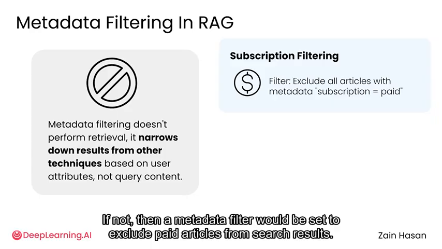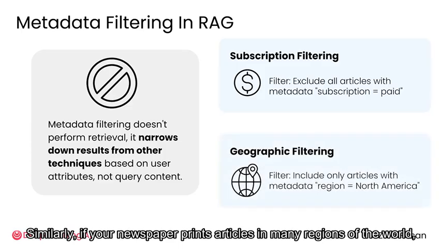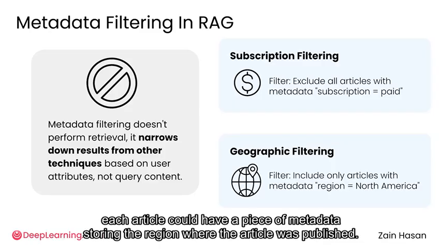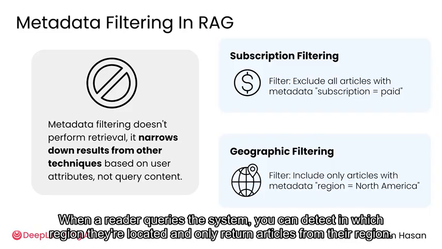If not, then a metadata filter would be set to exclude paid articles from search results. Similarly, if your newspaper prints articles in many regions of the world, each article could have a piece of metadata storing the region where the article was published. When a reader queries the system, you can detect in which region they're located and only return articles from their region.